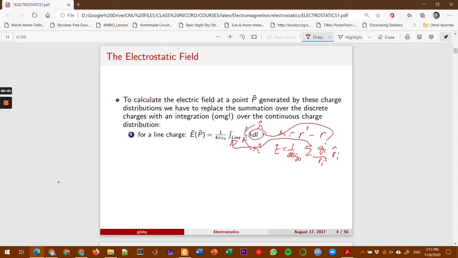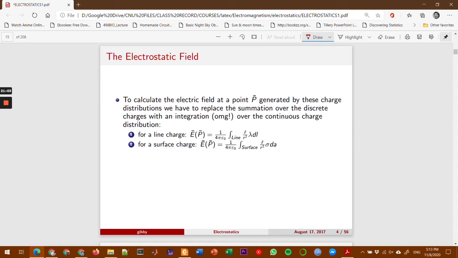Okay, where lambda is the charge per unit length. Okay, for the surface nanigihapon siya, so this is actually dq equals sigma dA for the surface. So kanina case, dq here is lambda dl.